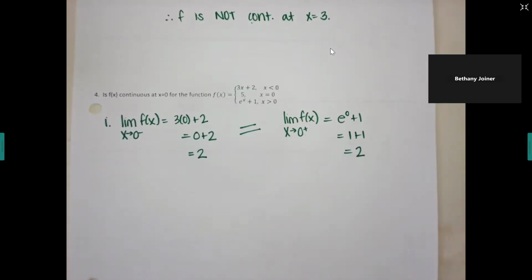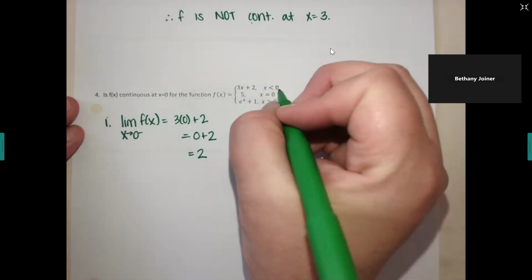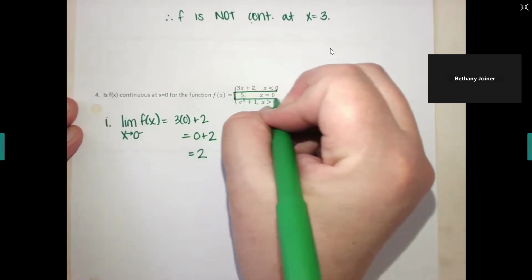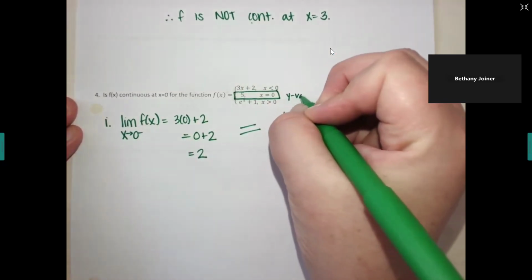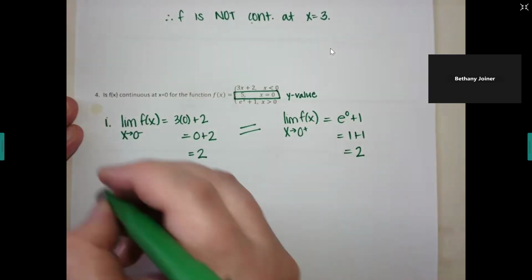Condition 1 is met. For condition number 2, what do I have to have? I needed a limit for condition 1. What do I need for condition 2? A y value, which is going to come from this piece right here. So this is your y value. It's wherever the equal to is.